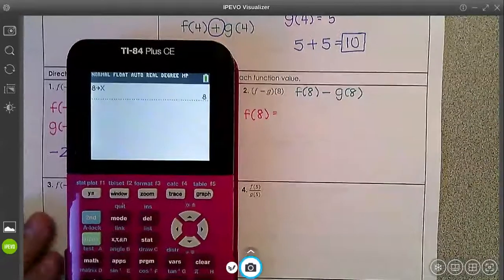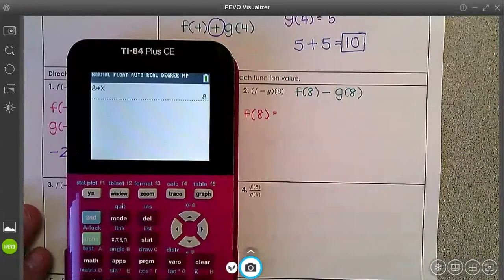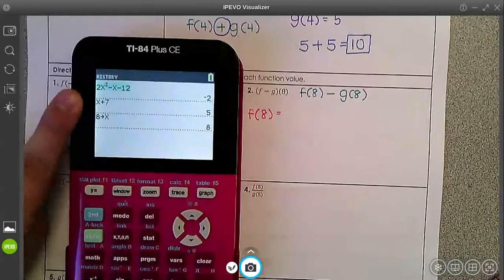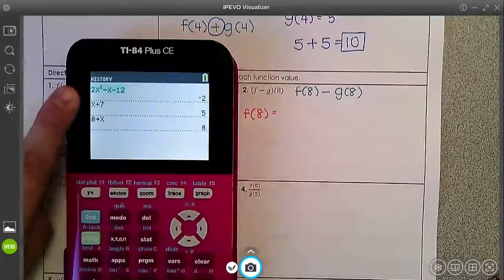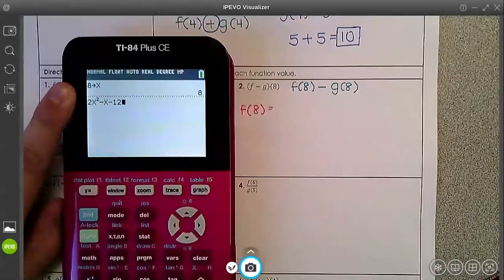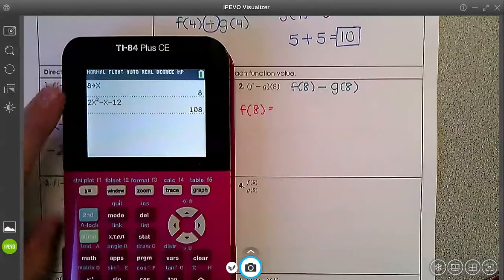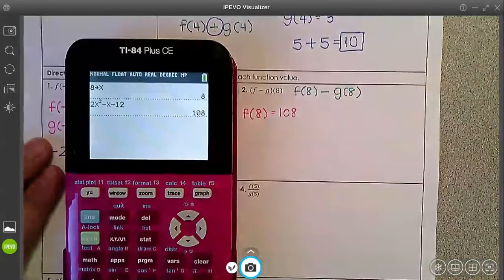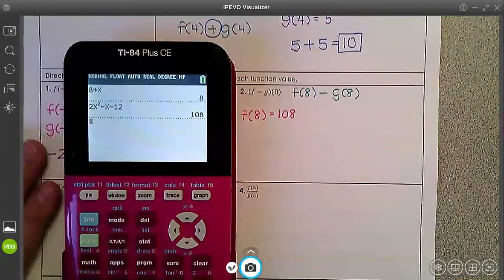We're going to tell it that x is 8. You don't have to retype the f function. If you scroll up until you've highlighted it, you hit enter, and then hit enter again, it brings it back down and it gives you your answer. And if you prefer to retype it, that's fine.